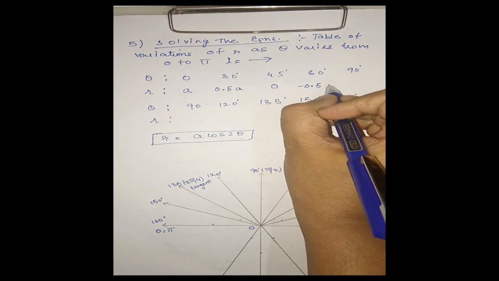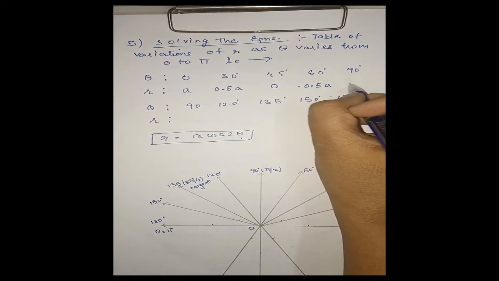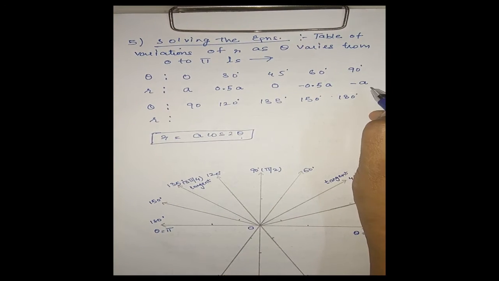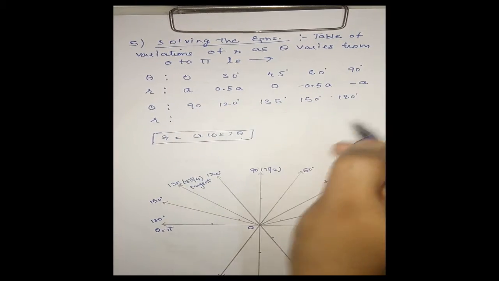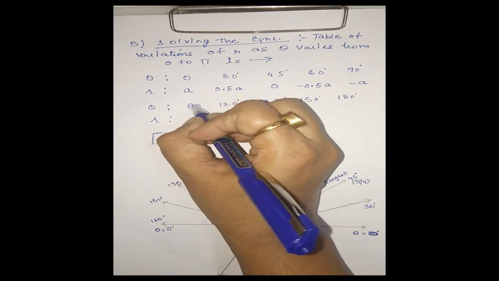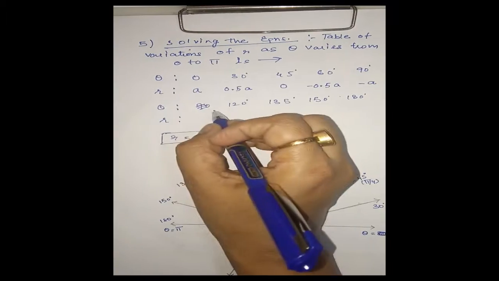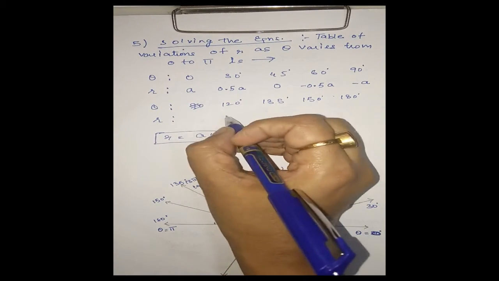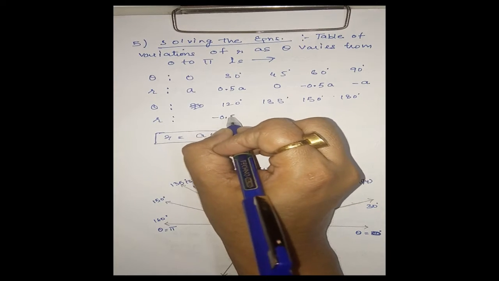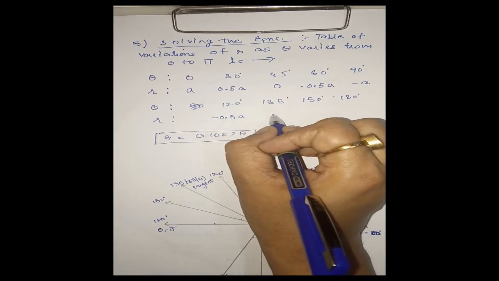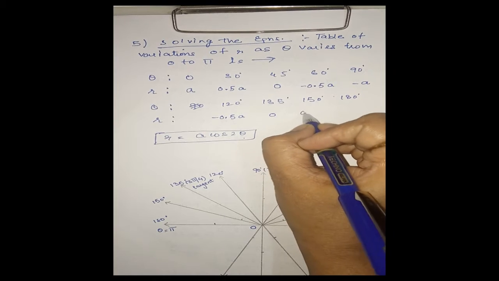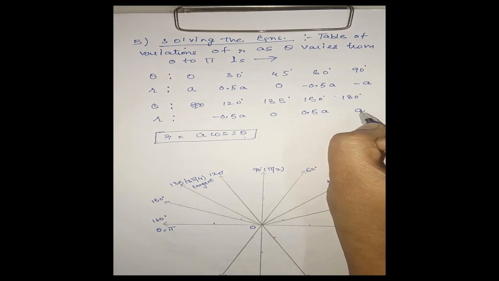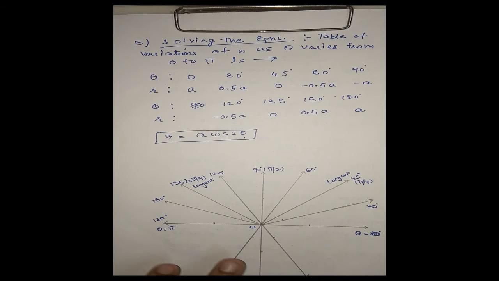This will be minus 0.5 a, and at 90 it is minus a. This value is repeating here, so we delete this 90 and start with 120. When theta is 120, the value of r is again minus 0.5 a. At 135 it is 0, at 150 it is 0.5 a, and at 180 again it is a. These are the values.